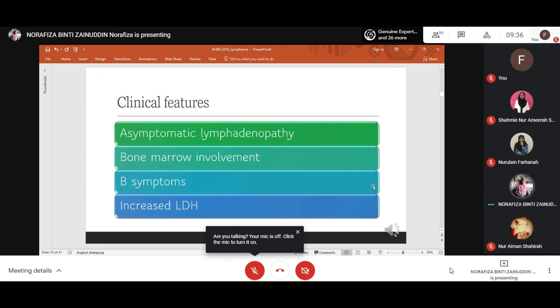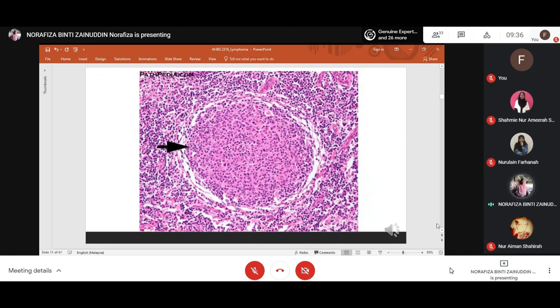And pediatric FL is highly curable. So this is the nodular pattern, yeah? Round to oval structures comprised of follicular B cells distributed evenly throughout the follicle, with no definition of light or dark zones of normal lymphoid follicle.